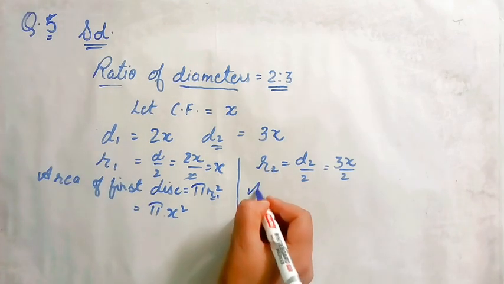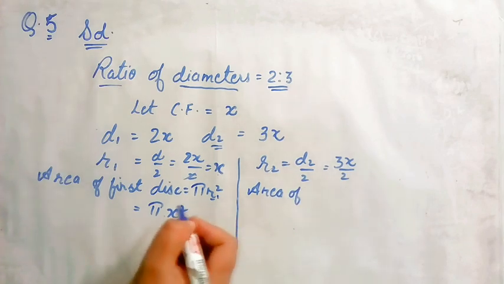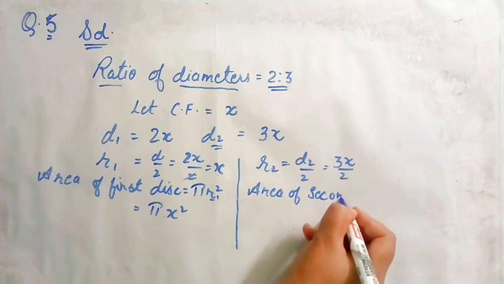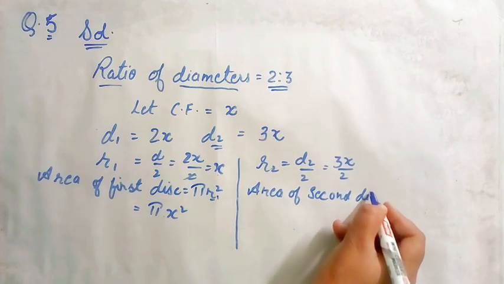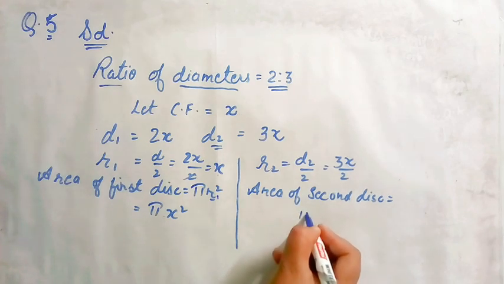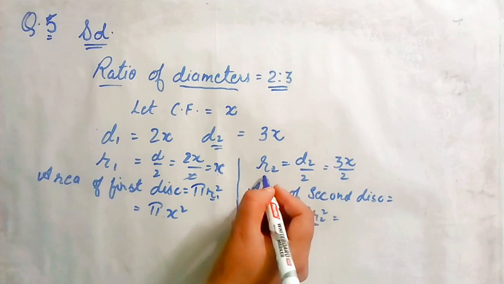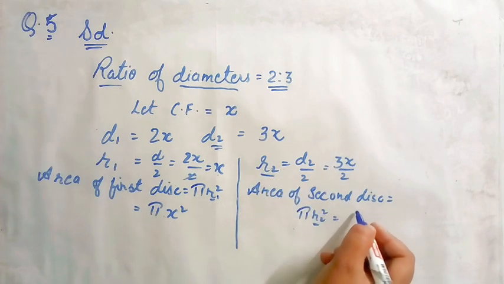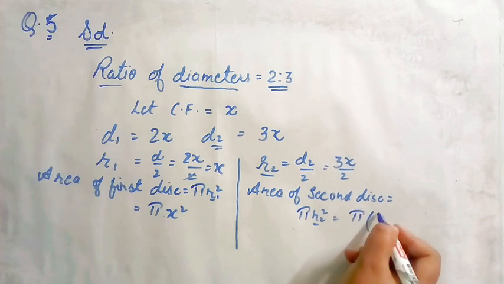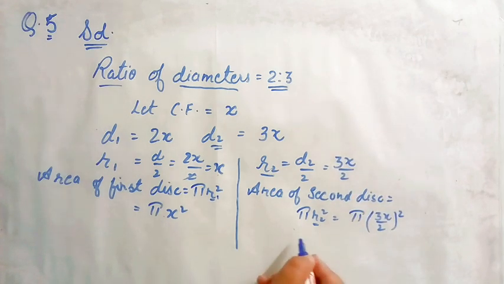Now let us see the area of the second disc. The area of the second disc will be equal to, here the radius is r2, so it is pi r2 square, which will be equal to pi multiplied by 3x upon 2 whole square.